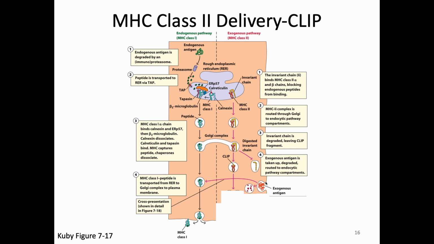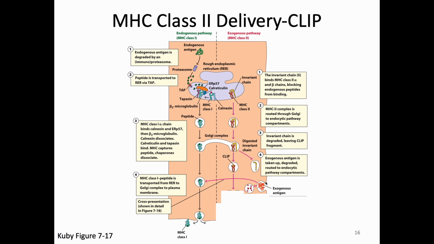And so when class II gets to these peptides, it has CLIP in the binding cleft so that there aren't any other peptides that came from anywhere else in that binding cleft. The P in CLIP stands for peptide.